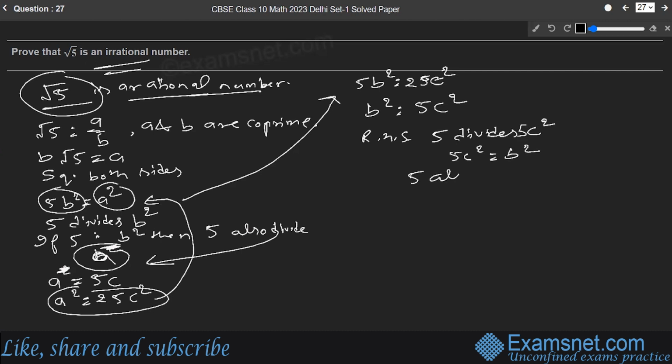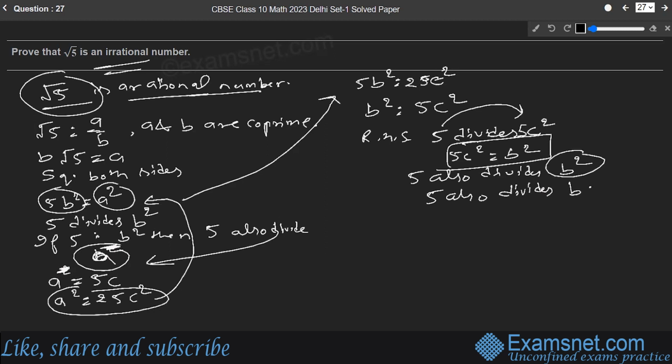Then 5 also divides b square. That is the complete theory. So 5 divides b square.